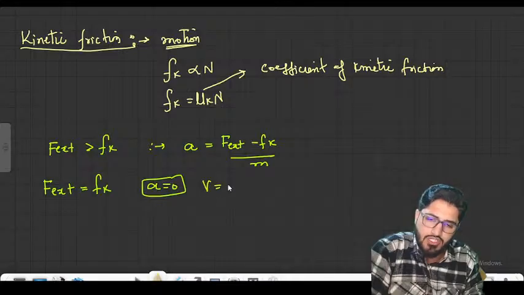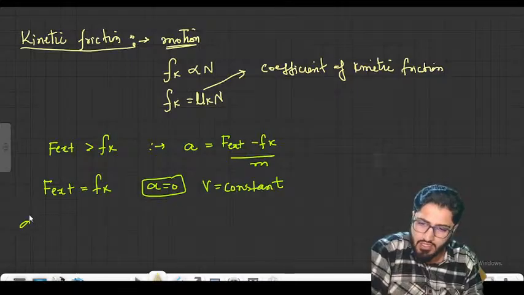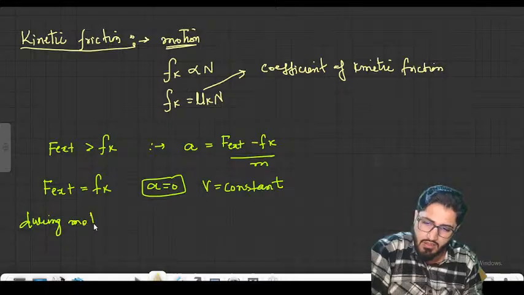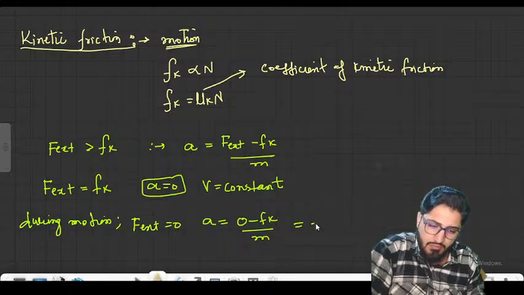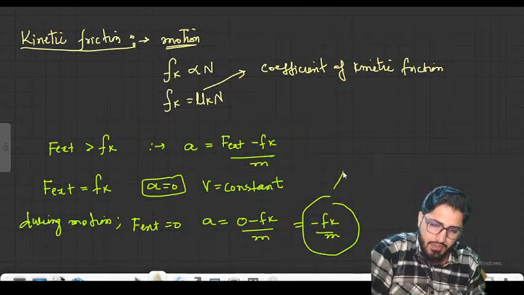That means velocity will be constant. During motion, if F external is 0, then a equals 0 minus Fk divided by m. It came out to be minus Fk divided by m, which simply indicates that it is slowing down.